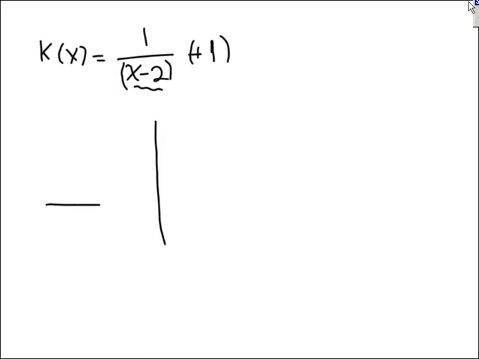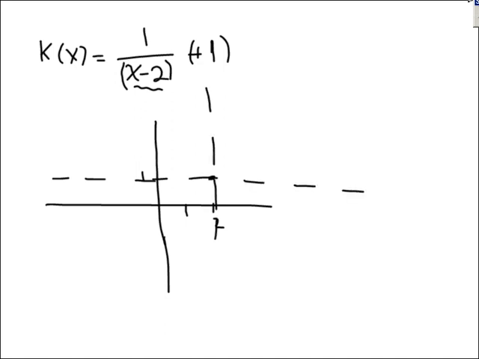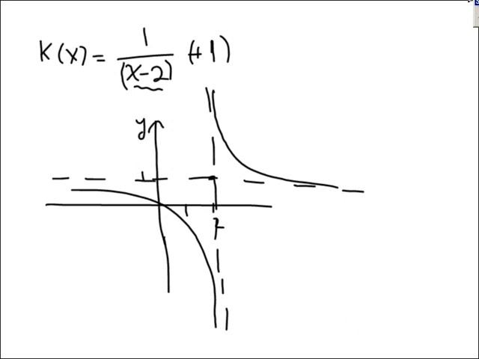That is, you go to x equals 2, y equals 1, and you make believe that 2, 1 is the new origin. That is, consider this is the x-axis, consider this is the y-axis, and draw your 1 over x graph, which looks like that. Like all 1 over x graphs.